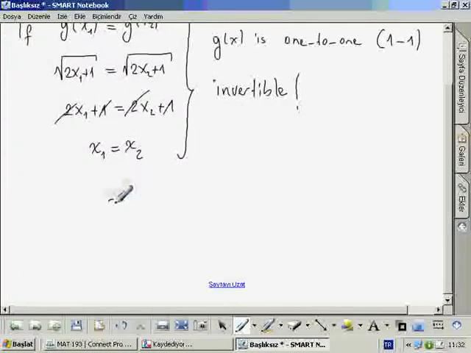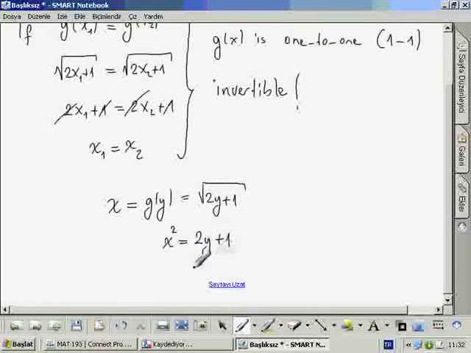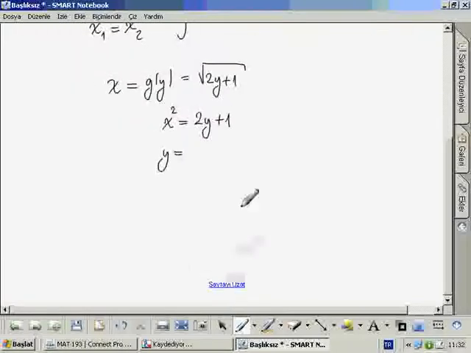To invert it, x equals g of y. It equals the square root of 2y plus 1. Okay, and x squared equals 2y plus 1, and y equals, okay, x squared minus 1 over 2.